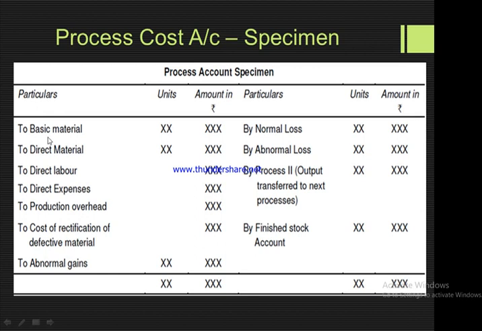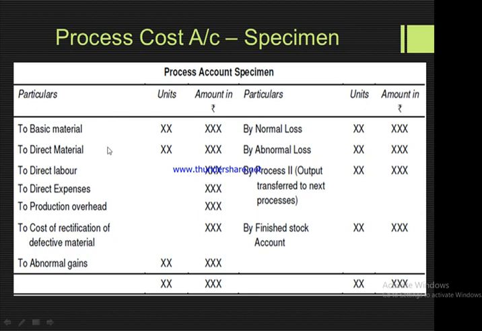The left side is basically meant to record the raw materials, the direct materials, the labor, the direct expenses, the production overheads, the cost of rectifying the defective material if any, and the abnormal gain.